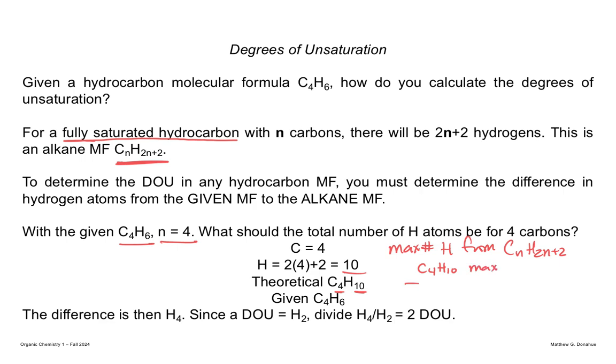And this is, someone asked about math in the Monday lecture. This is sort of the extent of organic math right here. So what are we given? C4H6. The carbons always cancel out because the n is the same. So H10 minus H6, that's H4.